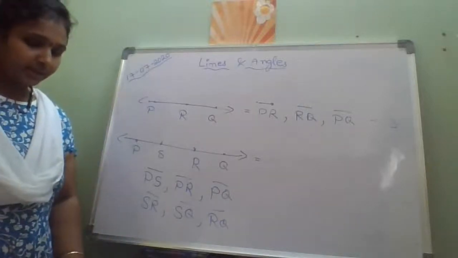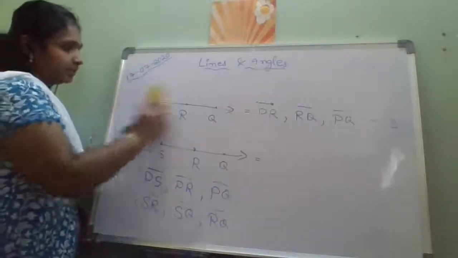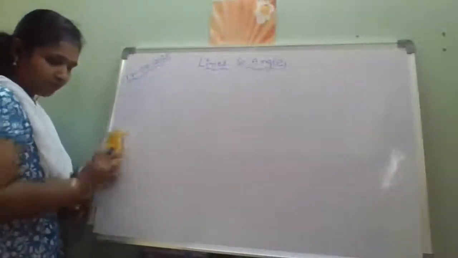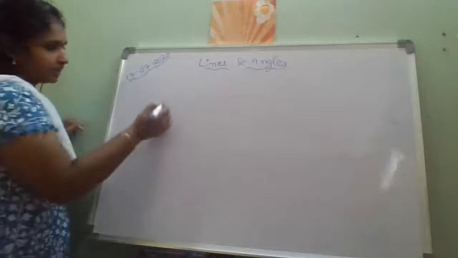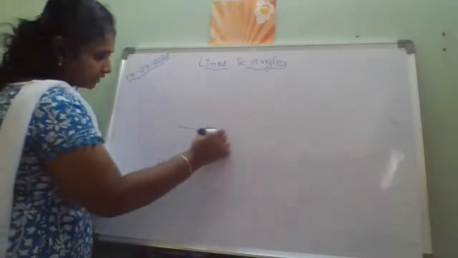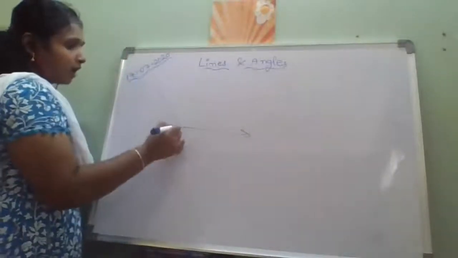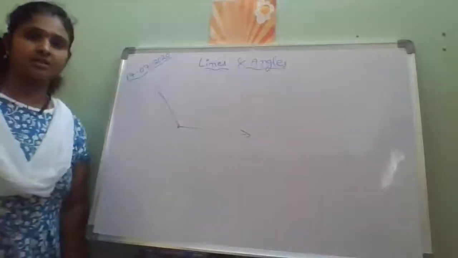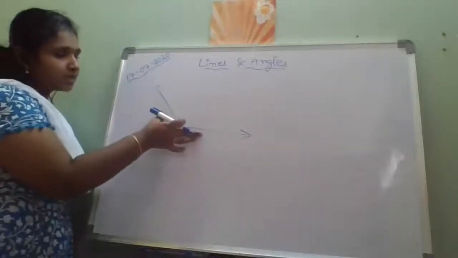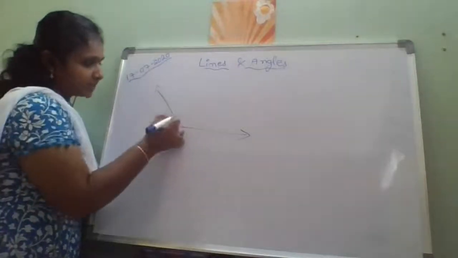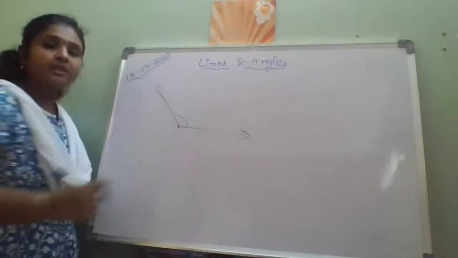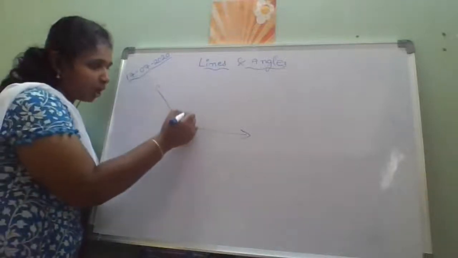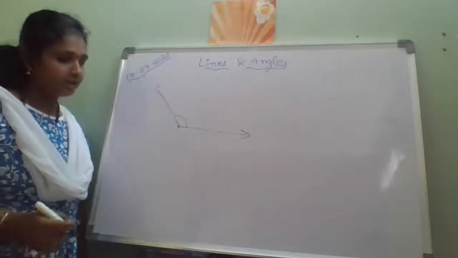So next one, what is an angle? Two arms join at one vertex, and the space in between is called an angle.